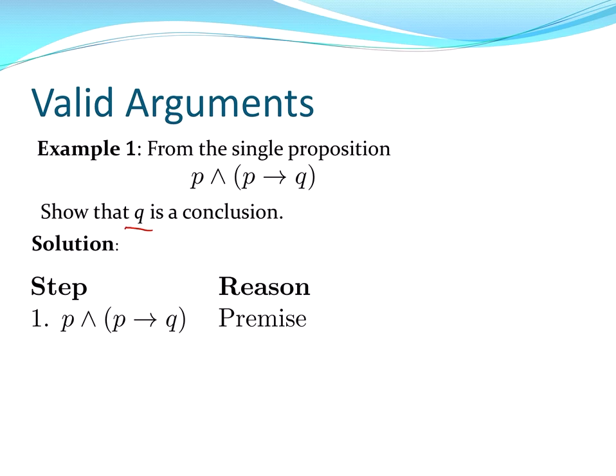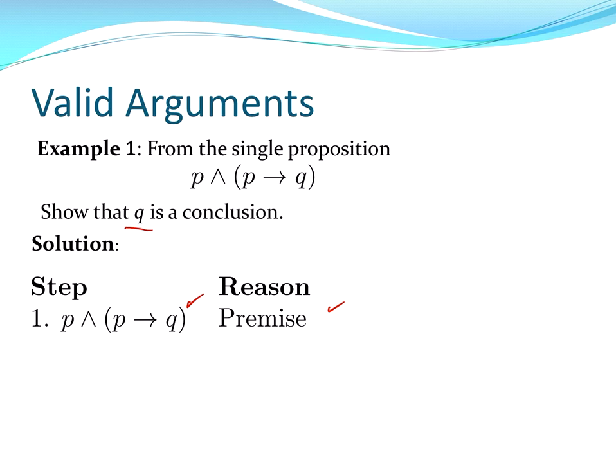So in order to start this argument, we write down our premise. The first step in almost any argument in this way is to write down at least one of your premises in the first position. So we've written it down, and we've stated the reason that we know it's true is that it's a premise.